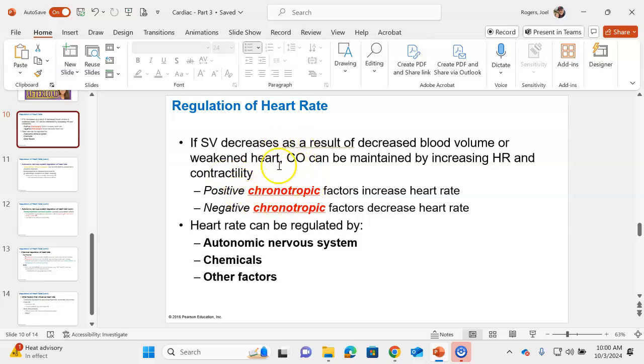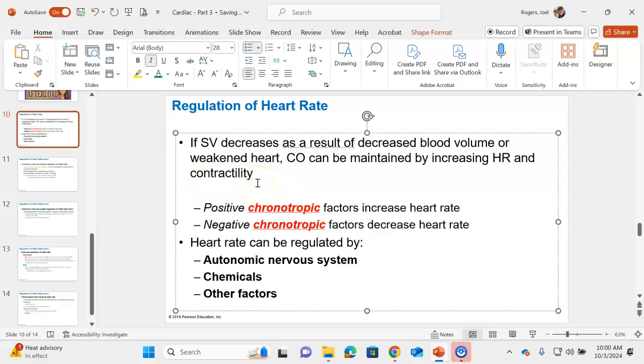Now, anything that changes heart rate is going to be called a chronotropic factor. So chronotropic factors are anything that change heart rate.